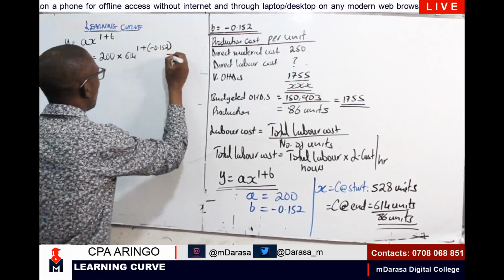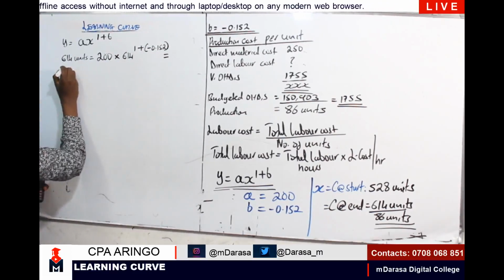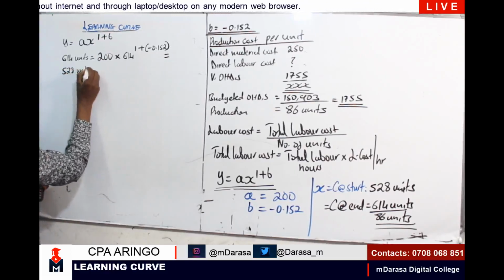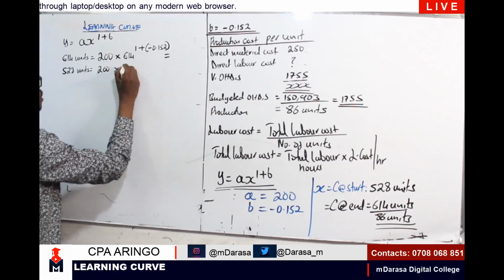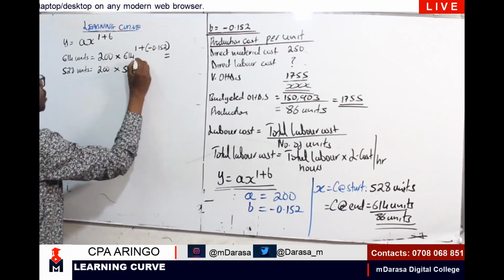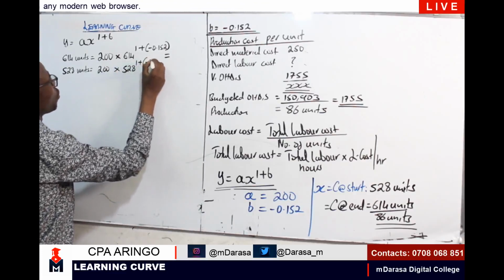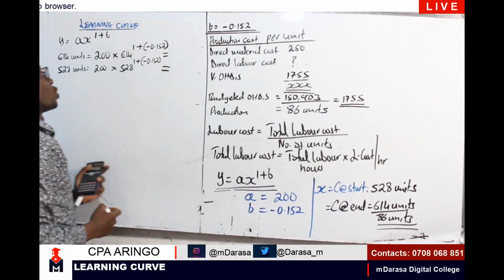That should give us our total number of hours required. I compare with the production of 528 units, where A will not change. We multiply by 528 raised to 1 plus negative 0.152, which would give us our total time there.